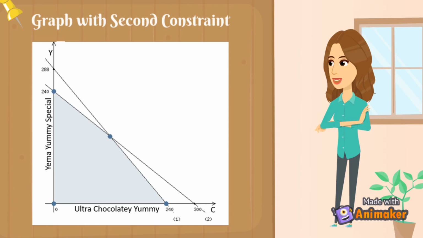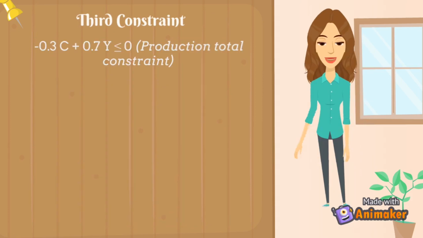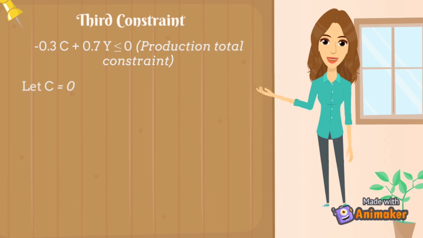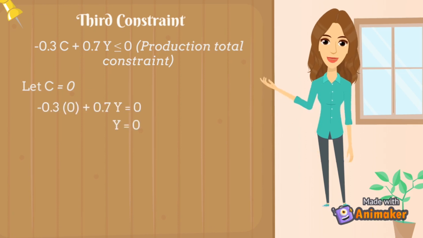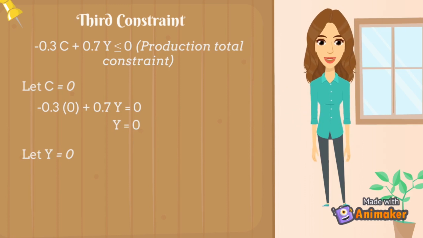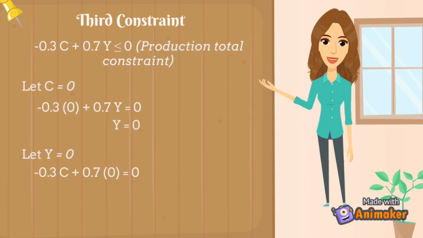As we approach the last constraint, we will be able to identify the feasible region. So let's go to the last constraint. As we can see on the third constraint, we can anticipate that our dividend in solving for the values of c and y will be 0. We all know that when we divide 0 by any number, the result is 0.